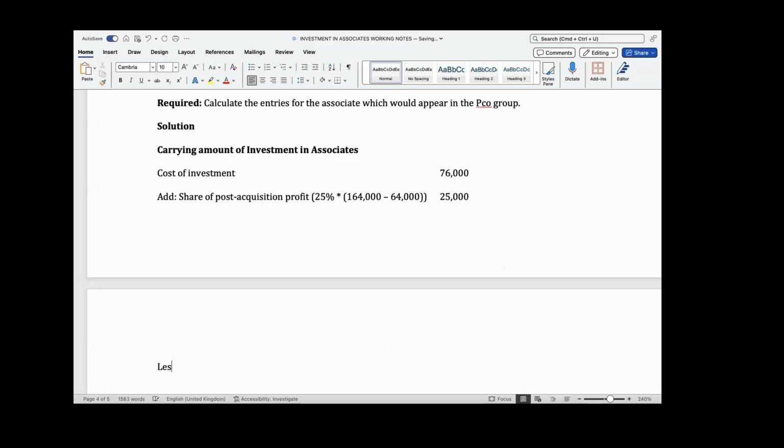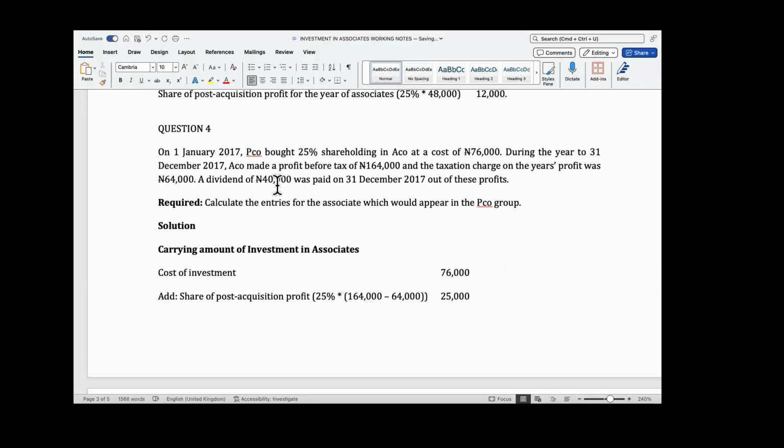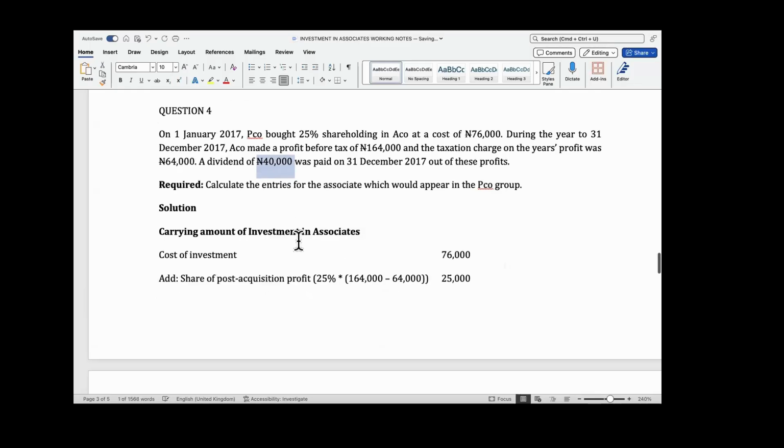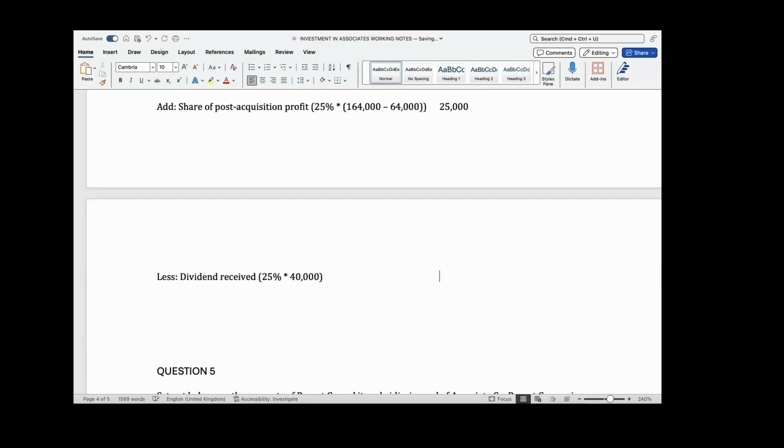Okay. Then I would deduct any dividend received, which is also 25%. What's the dividend received? 40,000. Times 40,000, 10,000. Then I'm looking at 10,000.